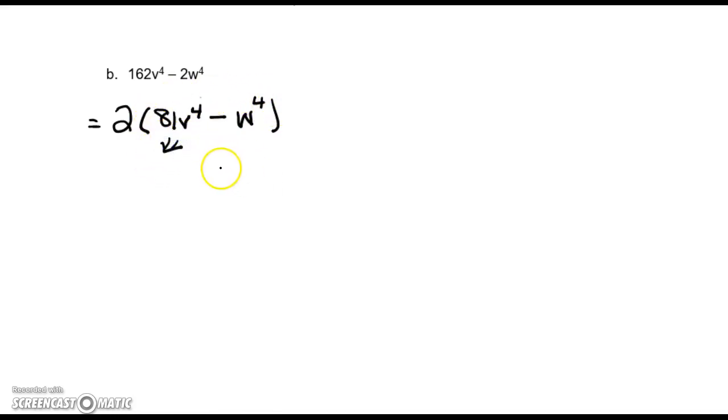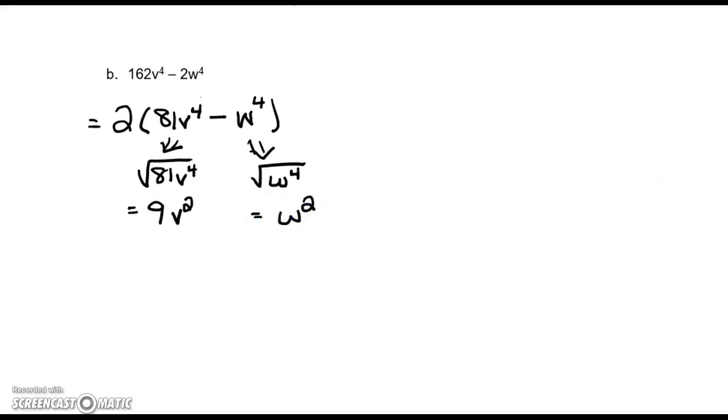We can start by square rooting our first term. The square root of 81 v to the power of 4: the square root of 81 is 9, and v to the power of 4 becomes v squared. Then for our second term, the square root of w to the power of 4 leaves us with w squared. Then we can go ahead and use our difference of squares method.